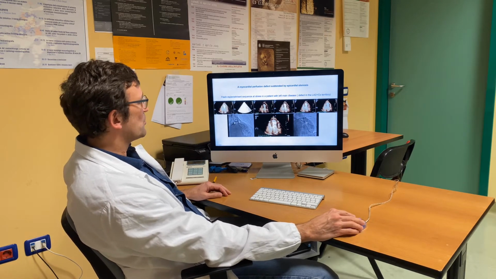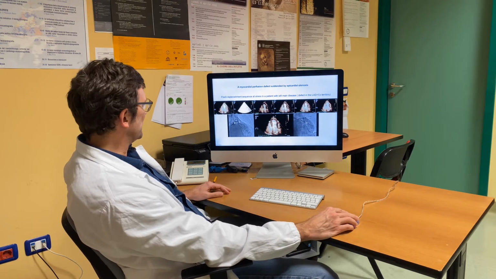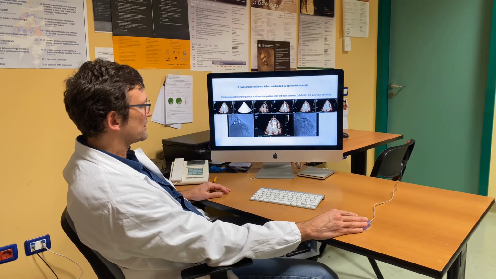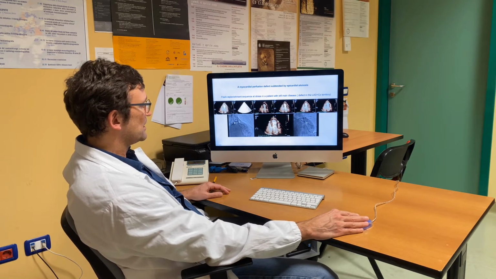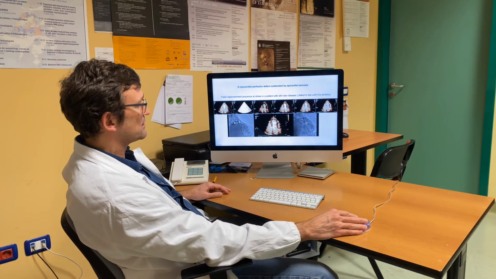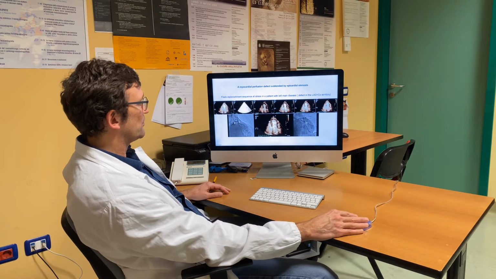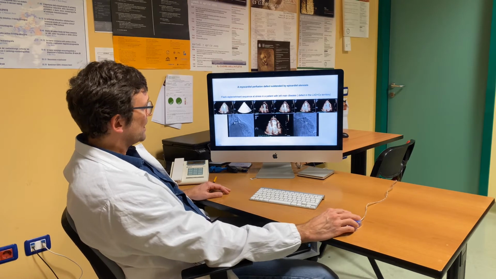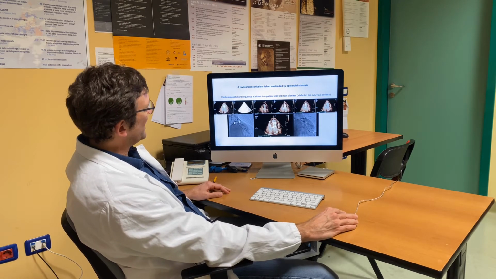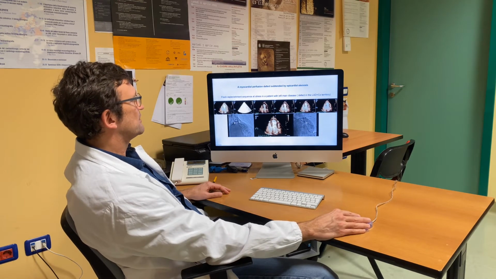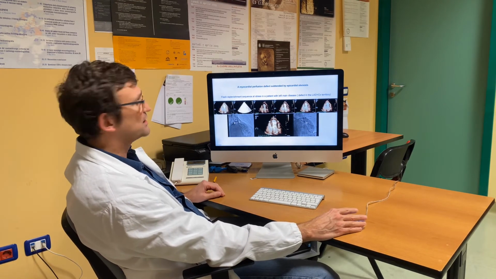In this case, where you have circumflex and left main, you can see that there's some subendocardial defect here, starting in the mid-distal LAD territory, and then going back here in four-chamber to the lateral. So you have both coronaries involved, and the normal replenishment would be that you find something like that after the impulses are delivered.